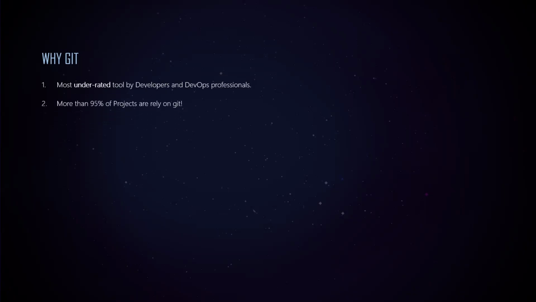Again, this is a very modest figure, because I've been presenting this slide since 2021. More than 95% of projects, the source code or code base in the IT industry, rely on Git. Some may call out GitHub, some Bitbucket, some GitLab, Azure Repos, AWS CodeCommit, and so on.